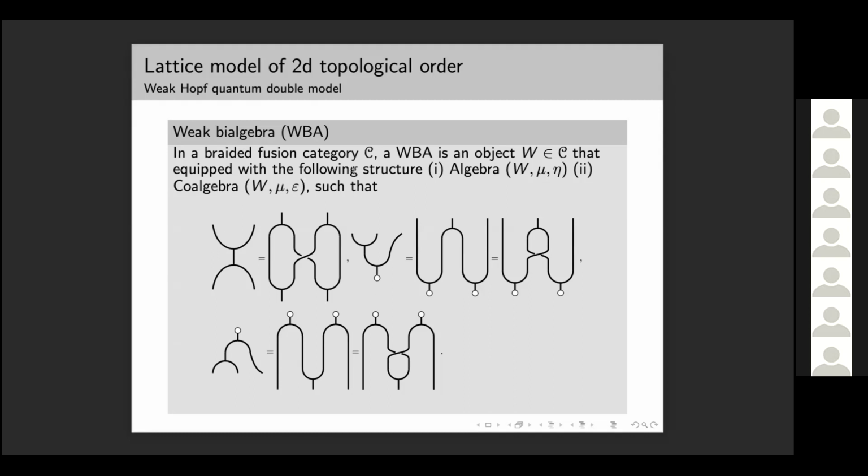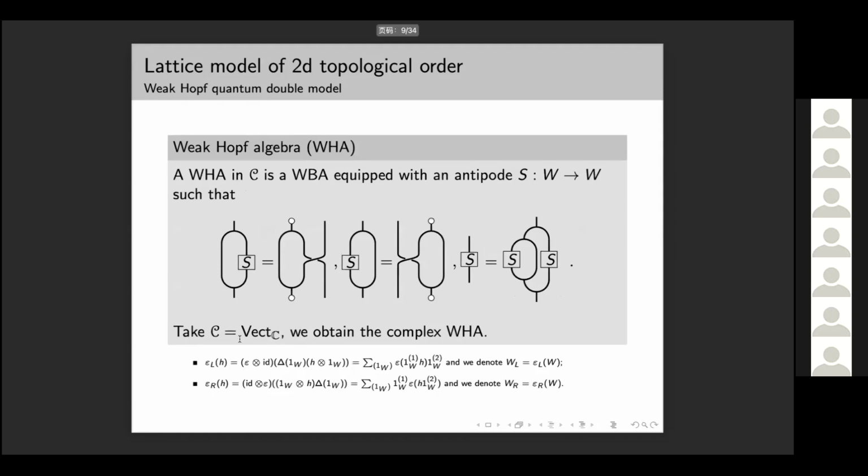The first one is the compatibility. This is a product, this is a co-product, and they are compatible with each other. This is the compatibility of the unit and the co-multiplication. The third one is the compatibility between the multiplication and the co-unit.